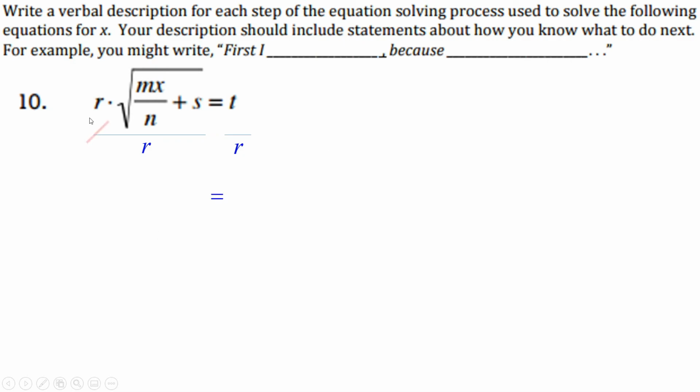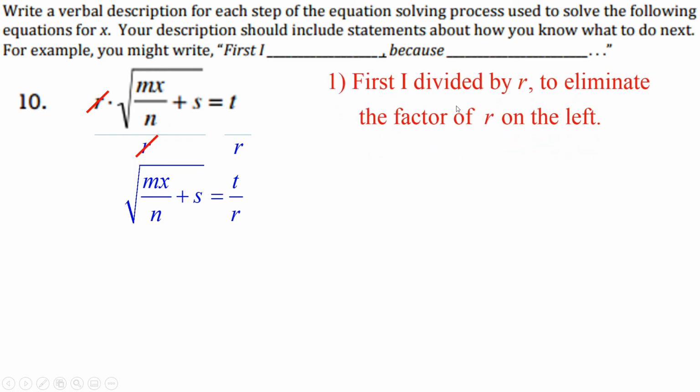The factors of r now cancel, leaving me the square root of mx over n plus s. And on the right, I have t divided by r. Let's describe what we did. We divided both sides by r to get rid of the factor of r on the left.